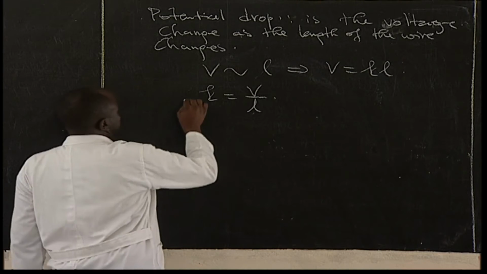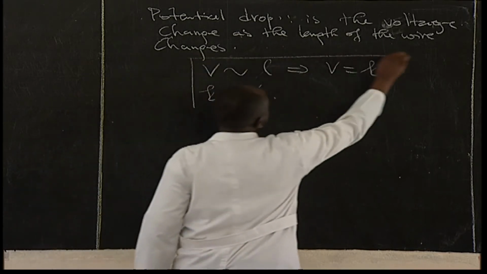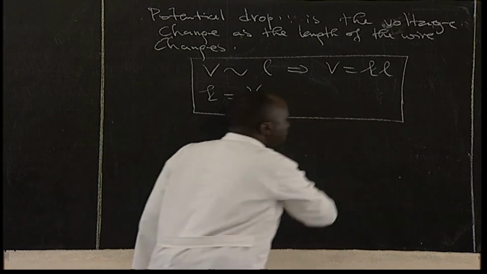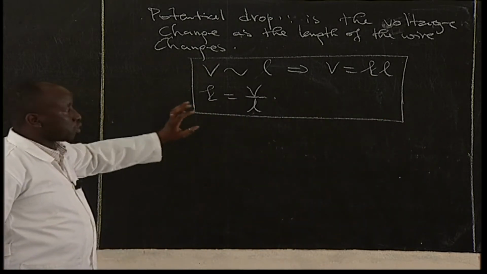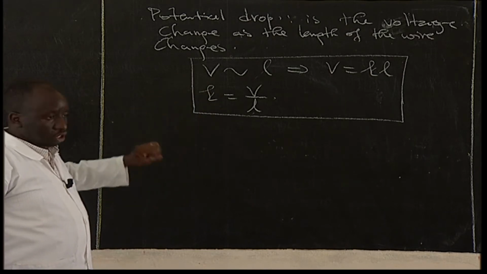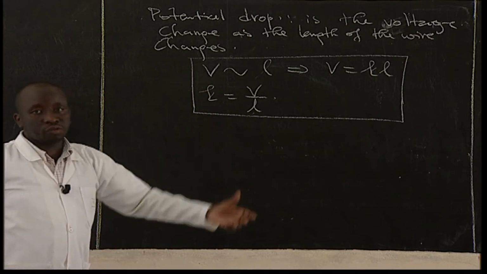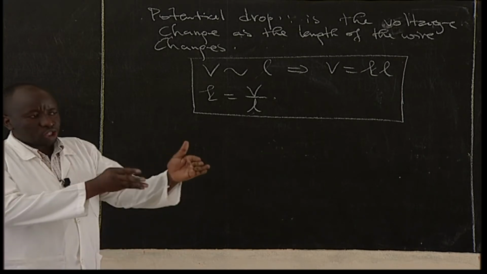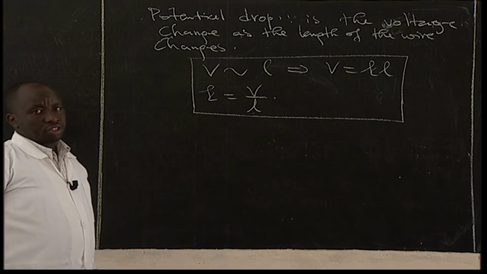So when you understand this proportionality between the potential and the length, the change of length with the change of potential difference, then you understand the working principle of the potentiometer.